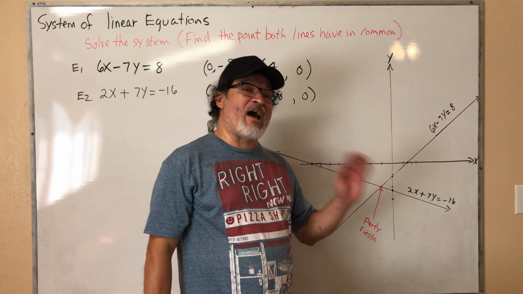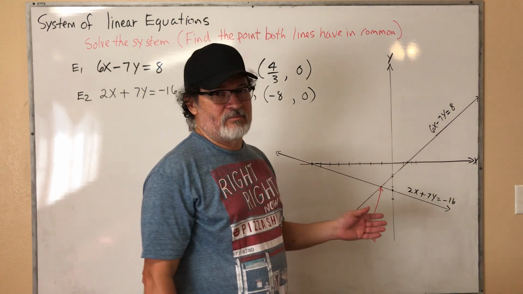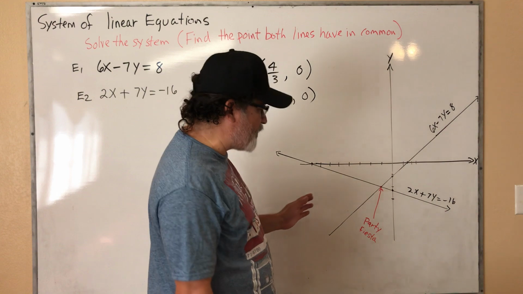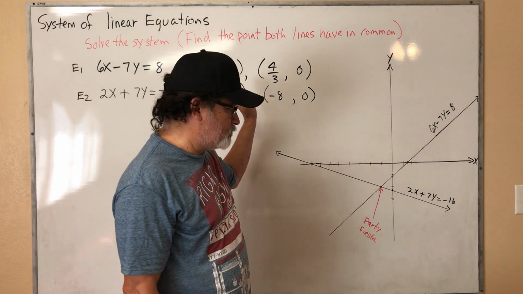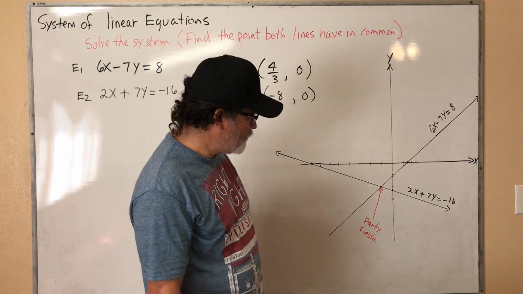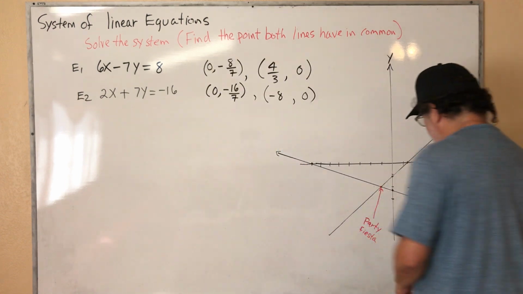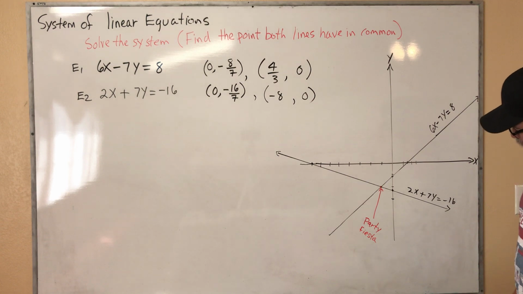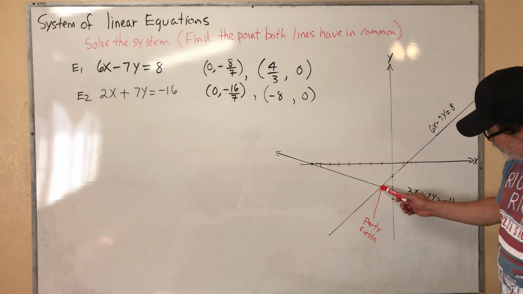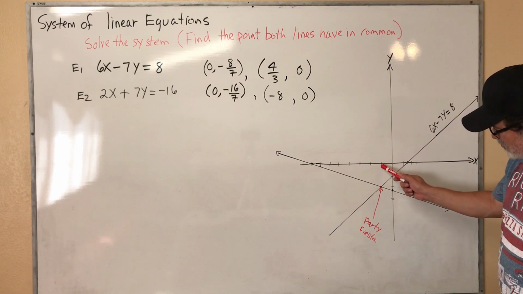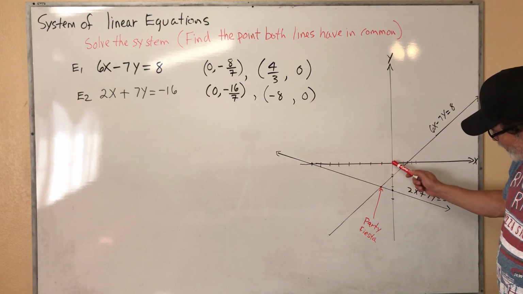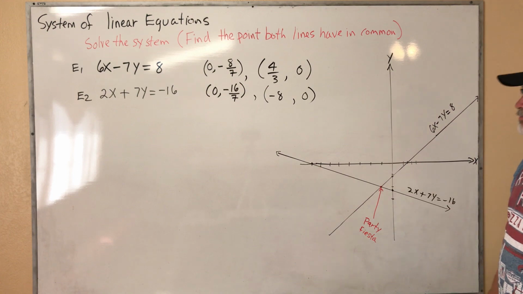The problem with graphing is that you're going to have to guess. Okay, you're going to have to guess this point. That's where the party is. The fiesta. What do you think this point is? It looks like the coordinates for this point are going to be x equals, I don't know, maybe -1, x is -1, and y is -2.